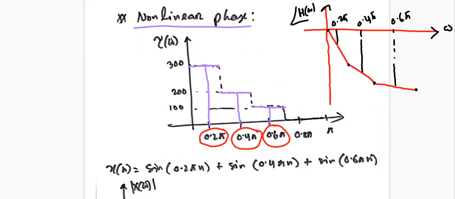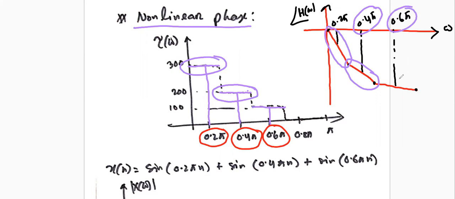In the first band, what is the rate of change? The rate of change is 300. That means we have a 300-sample delay in that case. In the second band, the rate of change is 200, so these signals will be delayed by 200 samples. For 0.6 pi, the signals will be delayed by 100 samples.